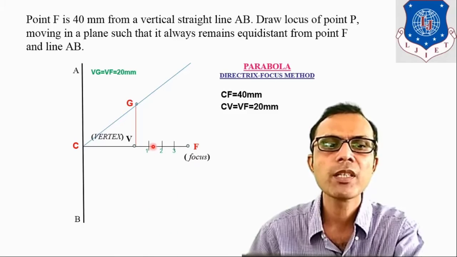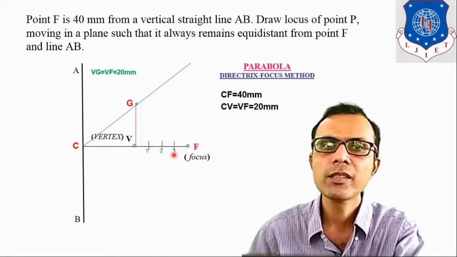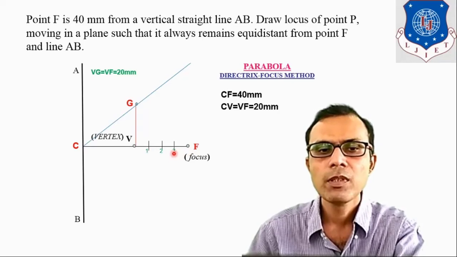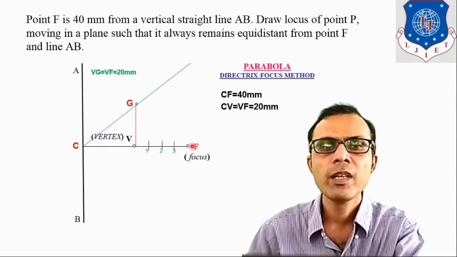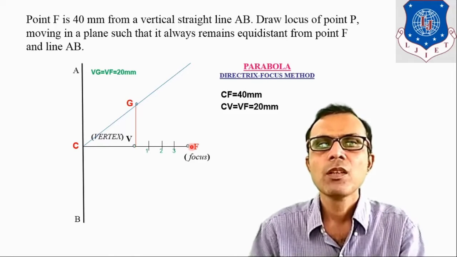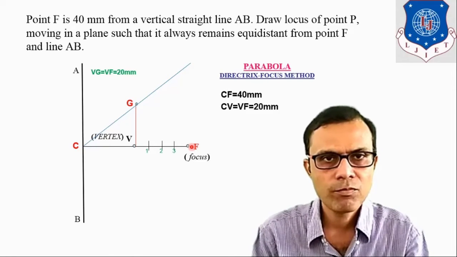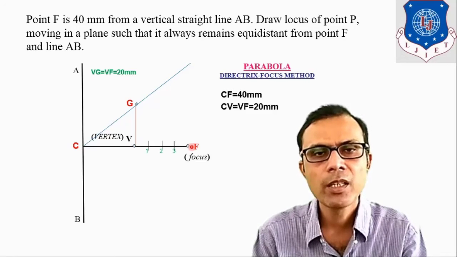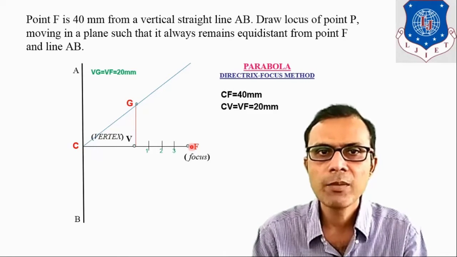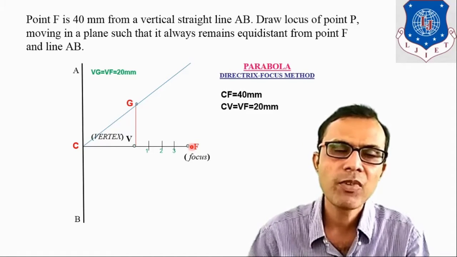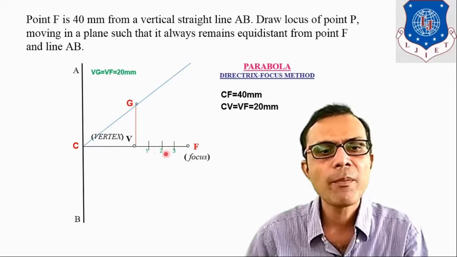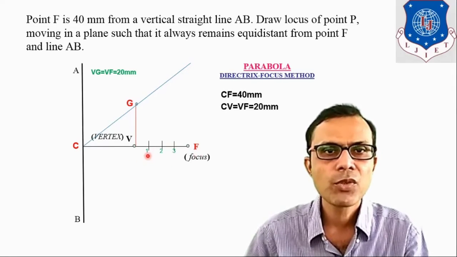Now write down the division numbers 1, 2 and 3. Here VF is equal to 20 mm. If you divide it into 4 divisions, one division will be 20 by 4, so the dimension of one division is 5 mm.